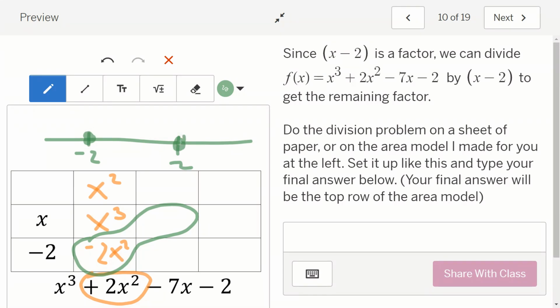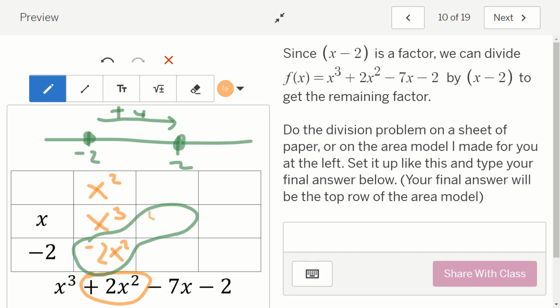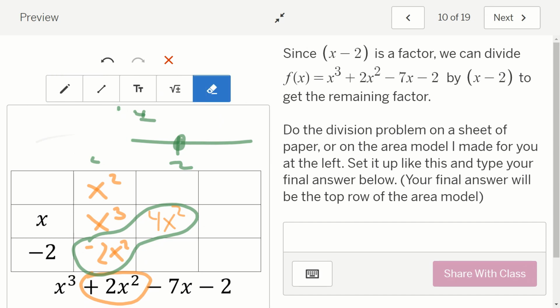I need to be at positive 2. To get there, I am going to go 4 spaces to the right. And so this should be 4x squared. Okay. And now I repeat the process, but let me erase my little number line.